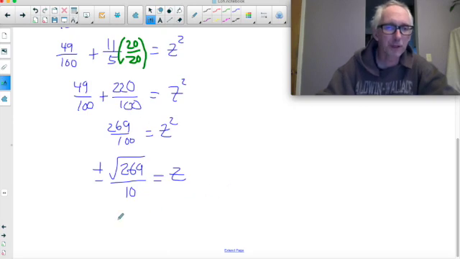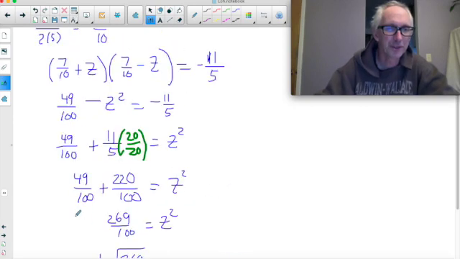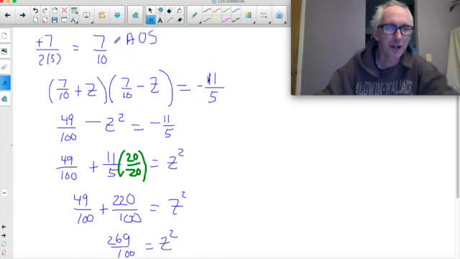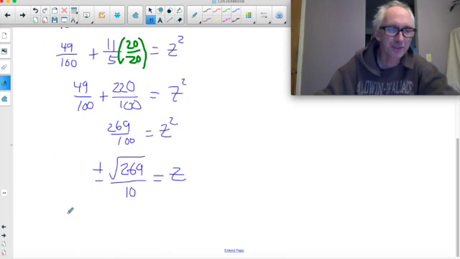So therefore, our roots, let's go back up. Our axis of symmetry is 7/10.